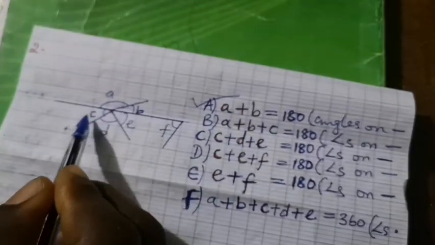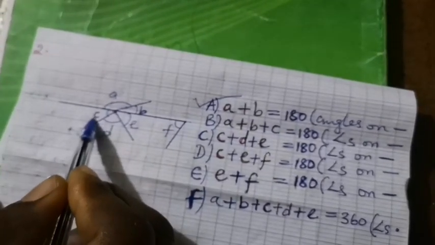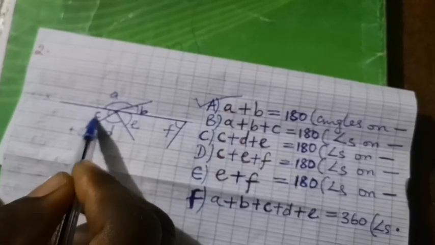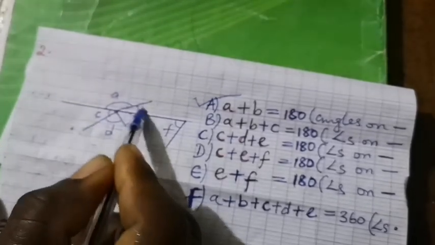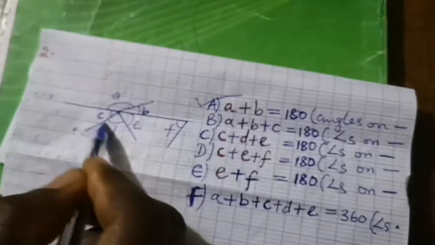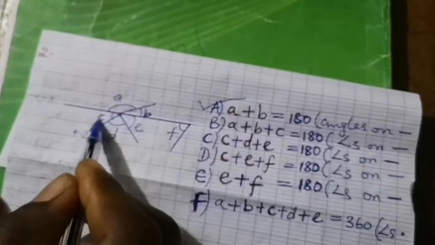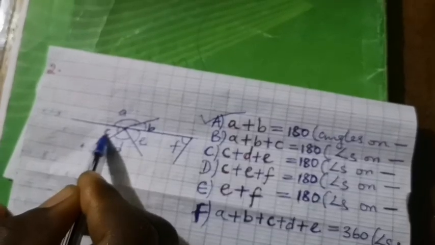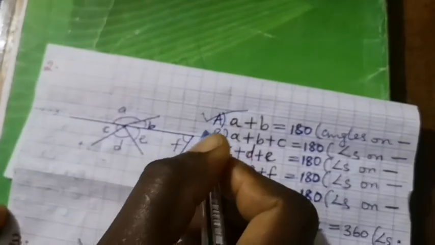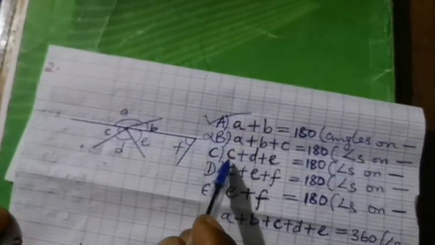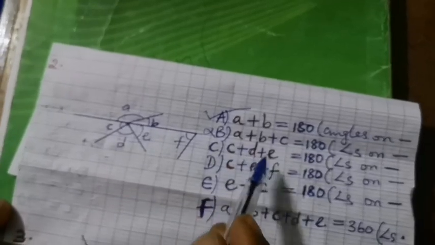If we must consider C, then we are going to consider C as angle at a point, considering all these angles now. So we will just consider all these angles to be angle at a point. So A, B, and C is not angle on a straight line. Okay, so this one is wrong. Then the next one we have is C plus D plus E.